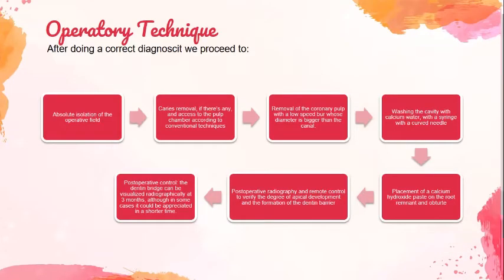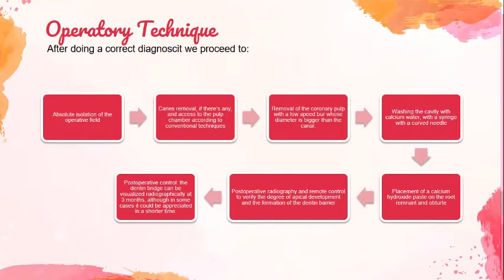Operatory technique. After making a correct diagnosis, we proceed first to absolute isolation of the operative field, then caries removal if there is any, and access to the pulp chamber according to conventional techniques. Removal of the coronary pulp with a slow speed bur whose diameter is bigger than the canal.